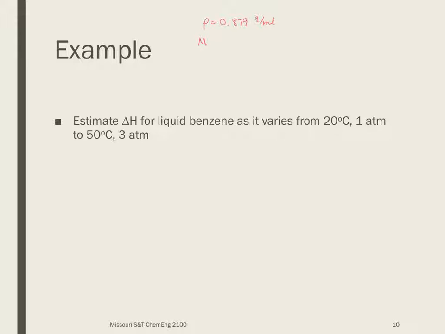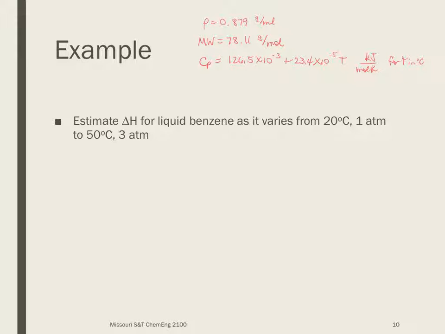The molecular weight is 78.11 grams per mole, and C sub P for T in degrees C is 126.5 times 10 to the minus third plus 23.4 times 10 to the minus 5 T. Remember, we're multiplying by 10 to the negative fifth, solving for A, solving for B. And this is going to have units of kilojoules per mole Kelvin for temperature in degrees C.